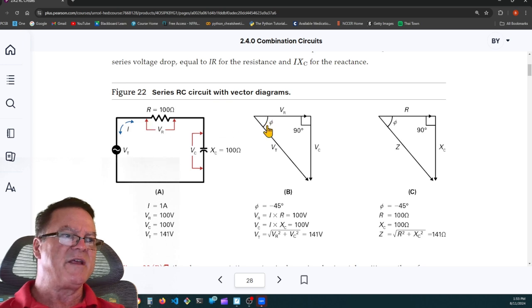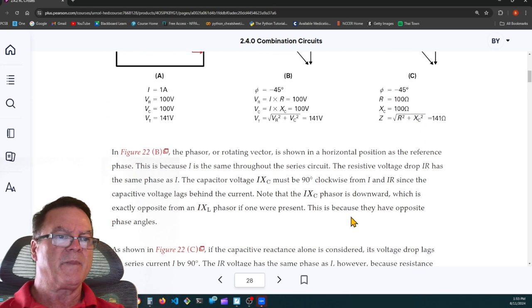So that's pretty easy. That means theta is about a 45-degree angle. And the impedance ends up to be 1.41 times resistance, or the capacitive reactance is 141 ohms.